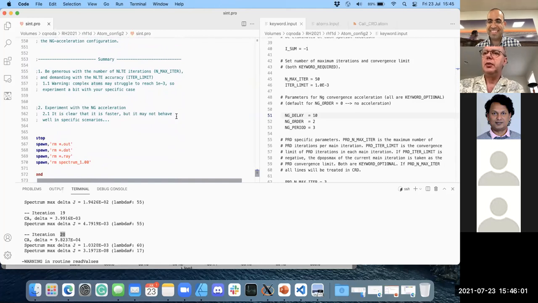Yes. I wanted to say a few words about what the NG acceleration does and why sometimes it fails or sometimes it makes things worse. So if you read the original paper by Rybicki and Hummer, that the RH method is based on and named after, they show mathematically that with the iteration scheme, you are guaranteed that the population numbers stay positive, which is really important because in radiative transfer calculations, you have terms like e to the minus tau.